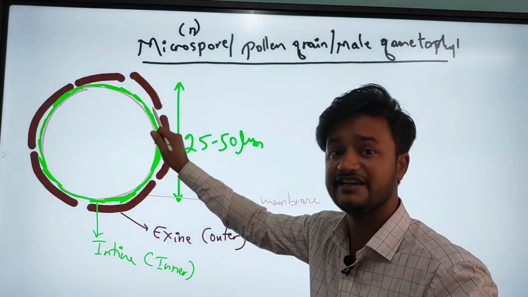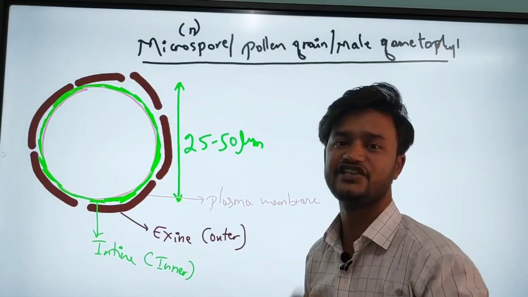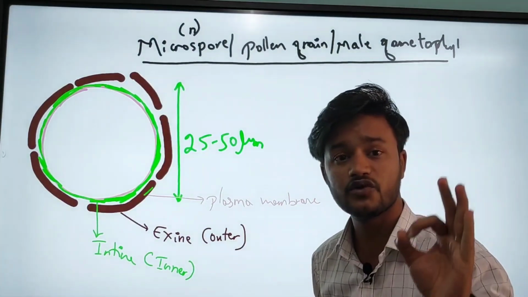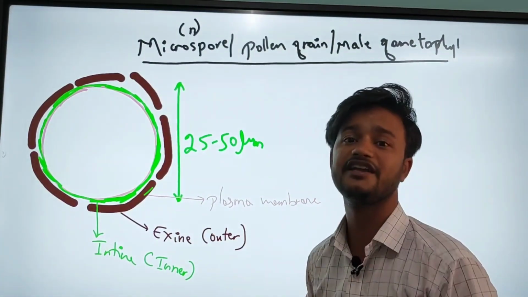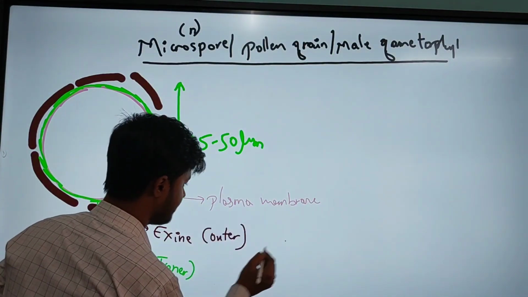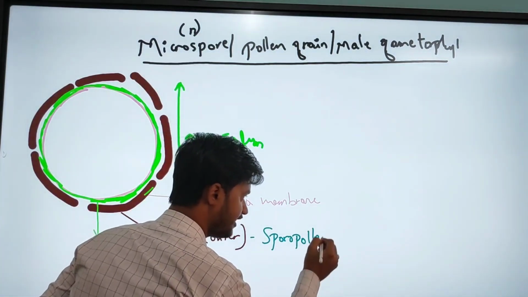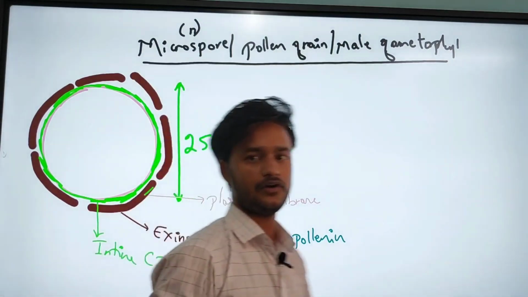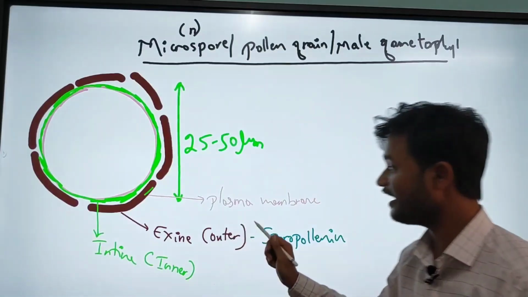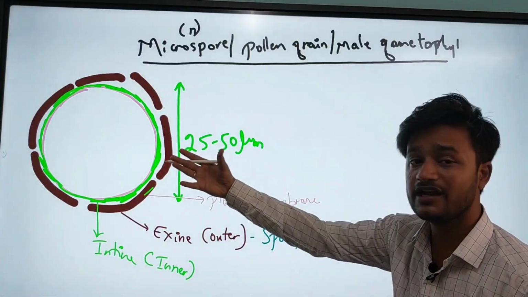Exine is the outermost layer of the pollen grain and it is very hard in nature, because of the deposition of one of the most resistant organic materials, called sporopollenin. Exine is made up of sporopollenin.